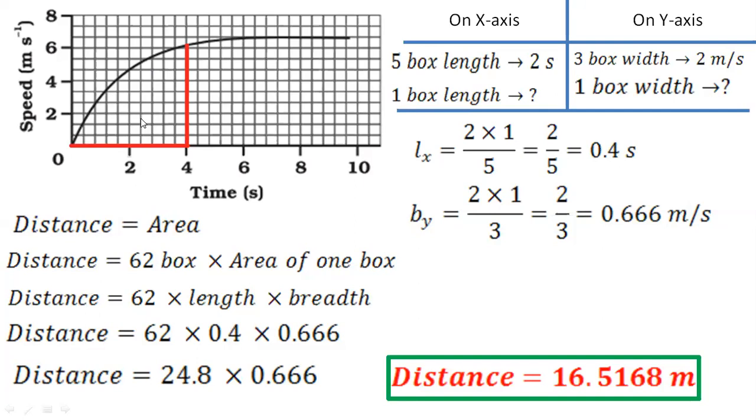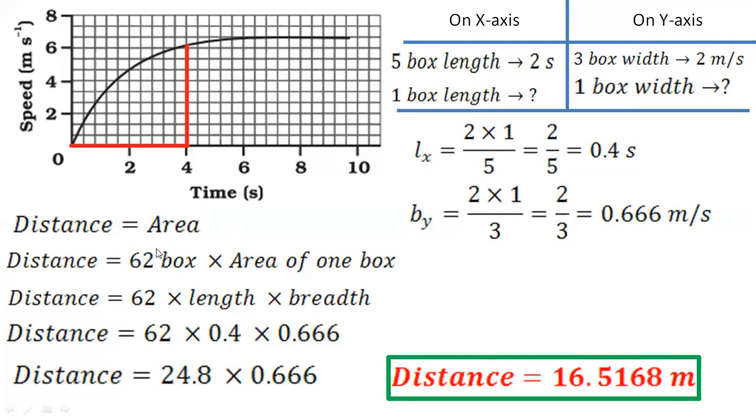Also, one thing I want you to know. Some students ask, sir, what will happen if my box number is not correct? Suppose some students have taken 63 or 61 instead of 62. That is totally fine. I can ignore that, because you are close to the answer. Your answer would be close to 16. So don't worry if you are not getting the exact number of boxes.